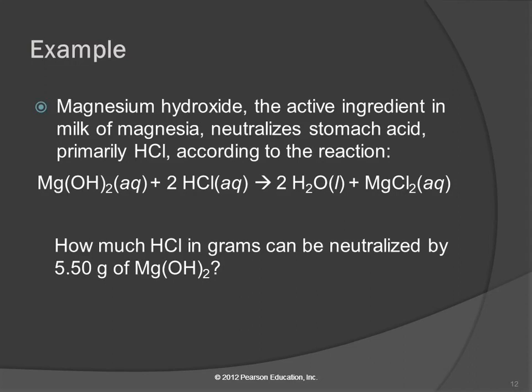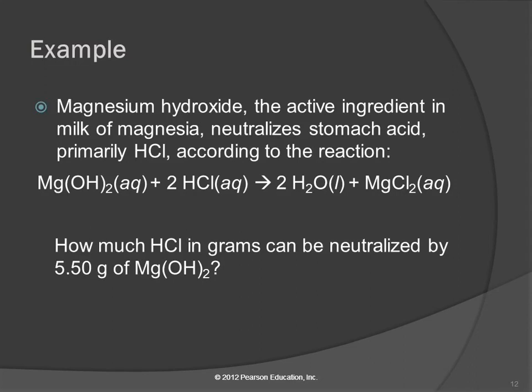Is that a precipitation reaction? No. It doesn't form a solid. It's an acid-base reaction. This is a base because it's got OH. This is an acid because it starts with H. Acid-base neutralization reactions form water and an ionic compound.